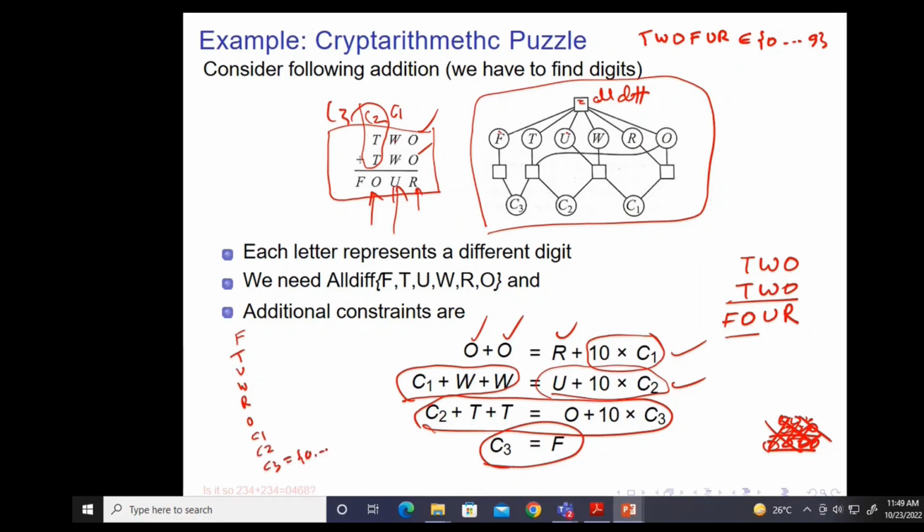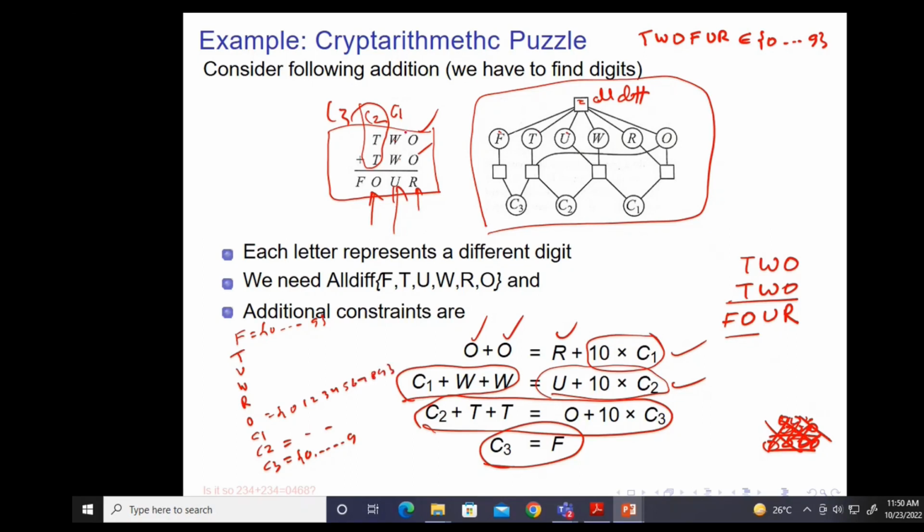Put their values 0 to 9. You start assigning something to F, and then you can start assigning anything to O. So you can assign 0, 1, 2, 3, 4, 5, 6, 7, 8, 9, any of the values.